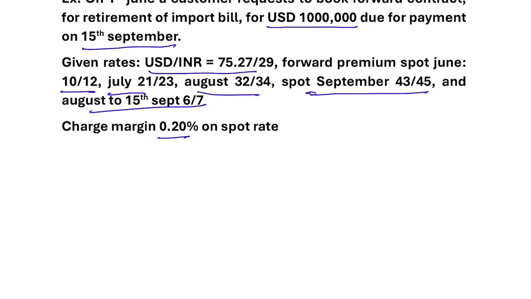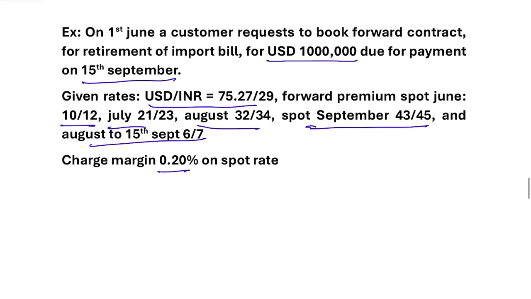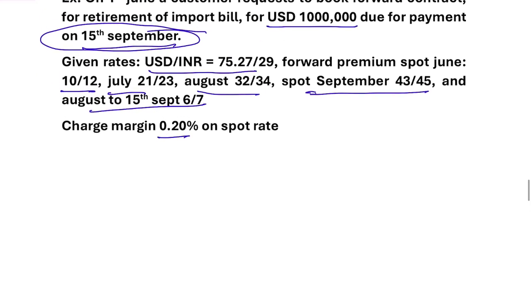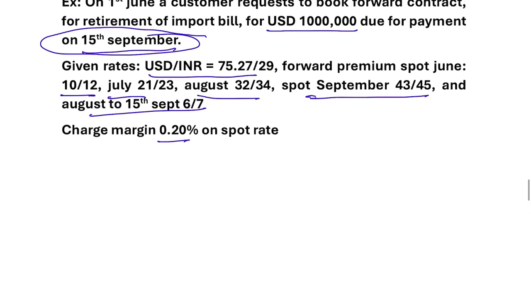Now, what do we want? We want a rate. Actually the due for payment is 15 September. He needs to know how much money he has to pay in INR rupees. That is our question, right? It seems very complex, but there is nothing in the problem.